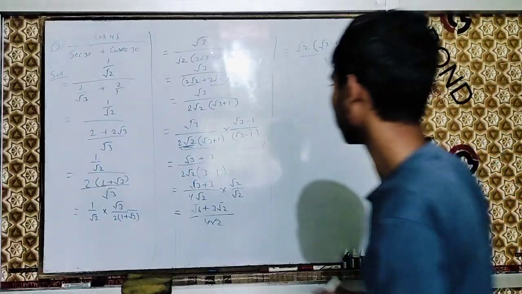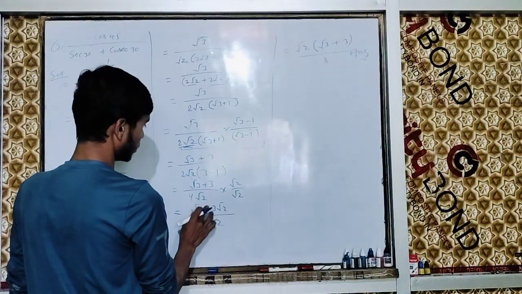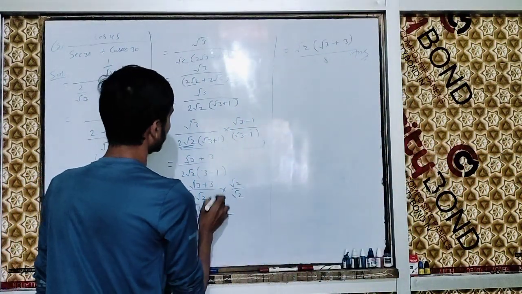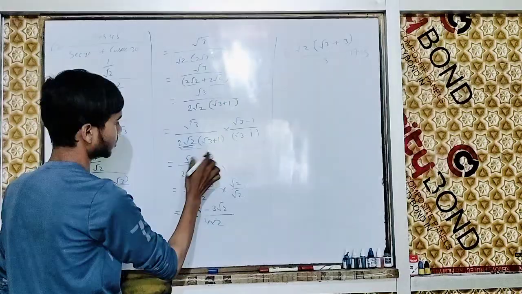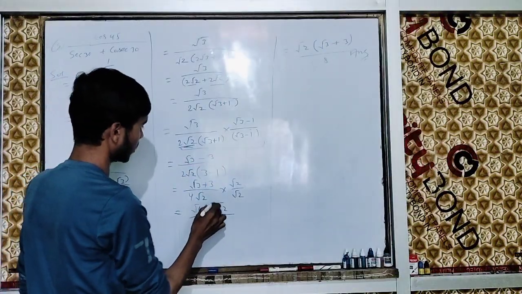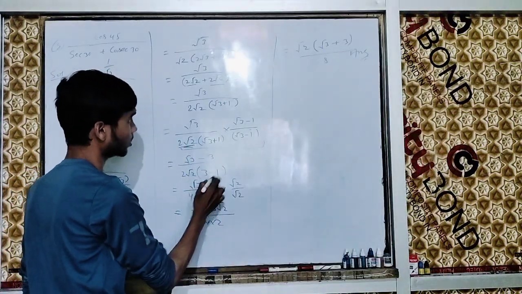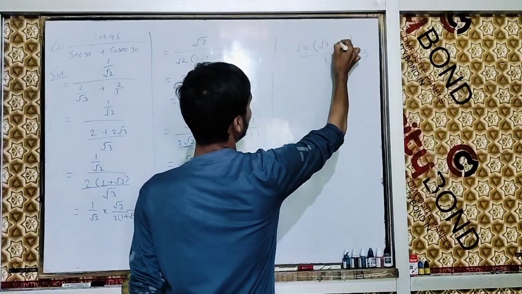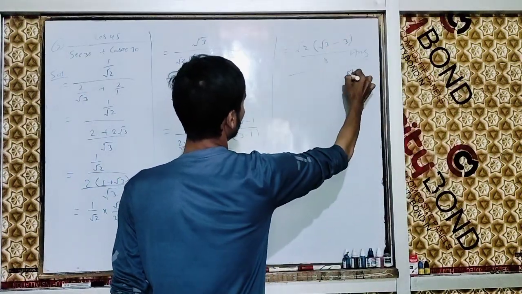And this over here, it is a minus, because this is a minus. Minus and minus. Total here, this is the answer.